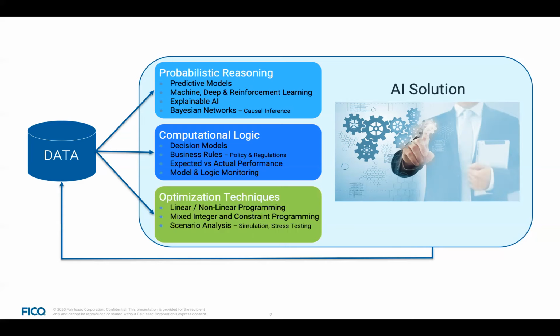But when you're dealing with optimization, core parts of a solution you build around optimization techniques are capabilities like scenario analysis, simulation, stress testing. So the whole infrastructure you need around your pure solver technology and optimization model. So in this frame, I want to think about AI solutions and what you need to create and deploy those solutions in enterprises.